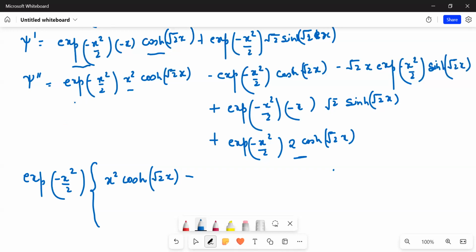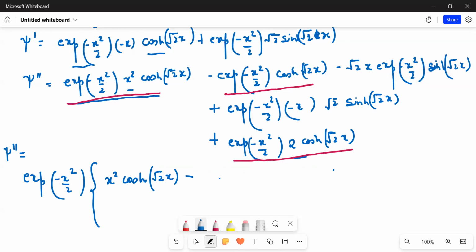So this we have seen, this we have taken. Now just consider this, and here you have this term. What I'm doing is trying to put things in order: e to the power minus x square upon 2 is common, so I've taken that common.